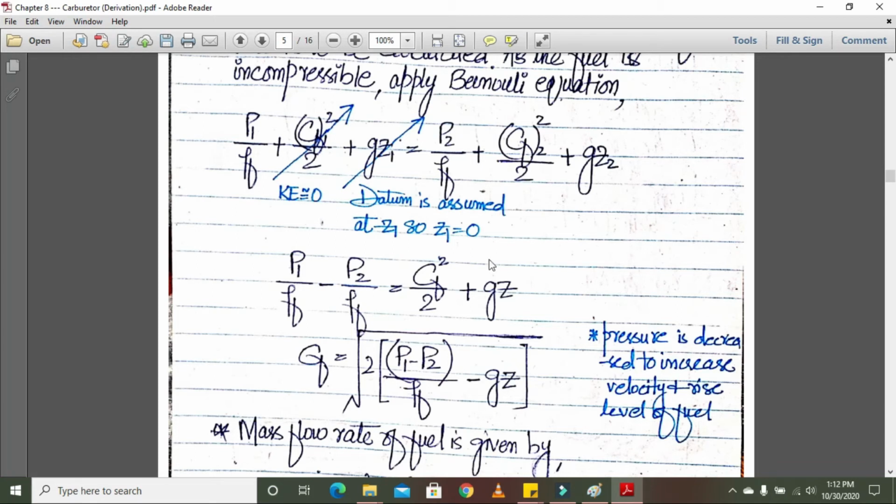Then this Gz would be sent to the left side for the subtraction, and the 2 which is present in the denominator would then go to multiply with this whole factor. Then we will take the square root to obtain the relation for the speed of the fuel.